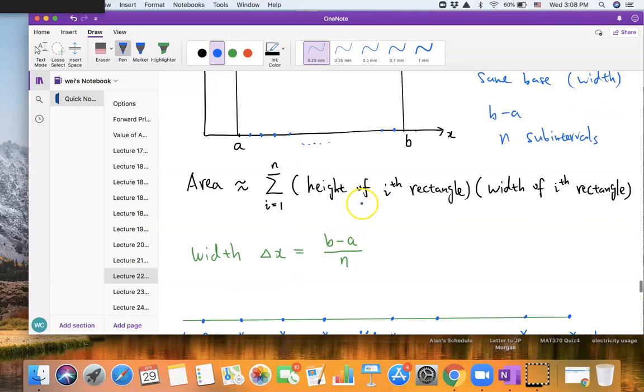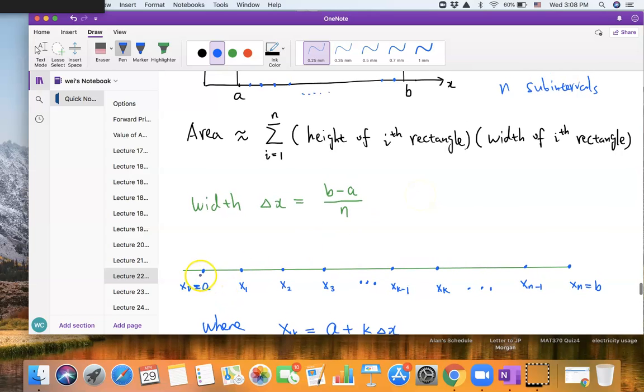Now, let's take a look at the height of each rectangle. After I divide this into n subintervals, there will be n plus 1 points in total. The first point I call x0, which equals a, and the last point I call xn, which equals b.